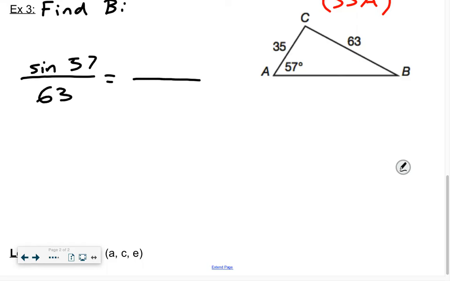What's your other ratio going to look like? Sine of angle B. Very good. Over 35. It's nice. It's always just opposites. And you're obviously going to use what's given to you.